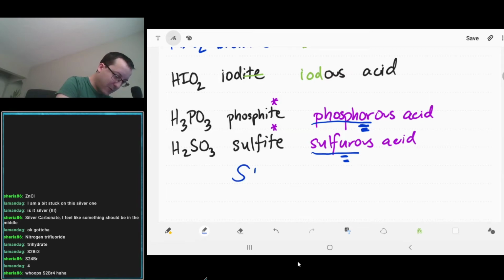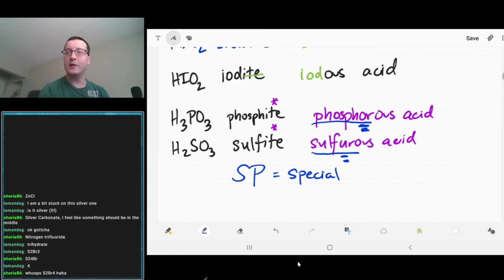Okay, here's one way to remember it. Sulfur and phosphorus, S and P, are special. They have special bits. Here's a happy face. Okay.